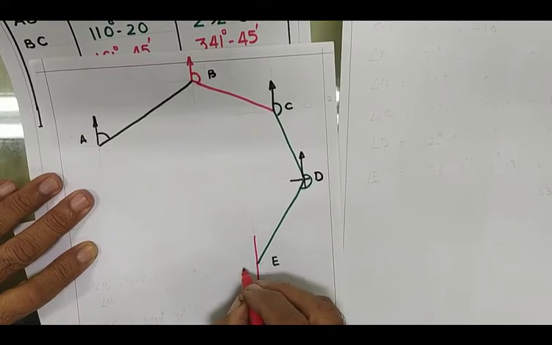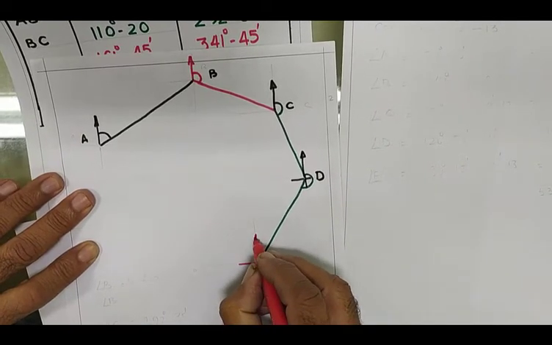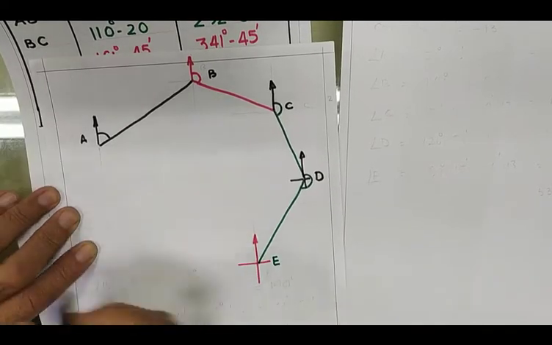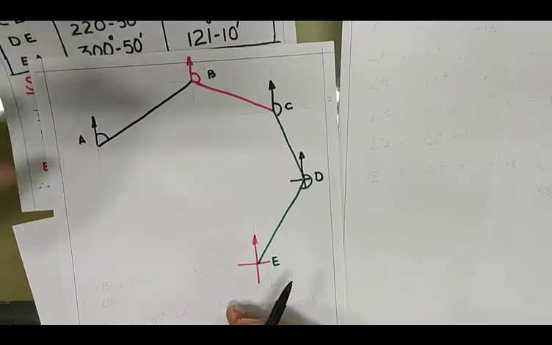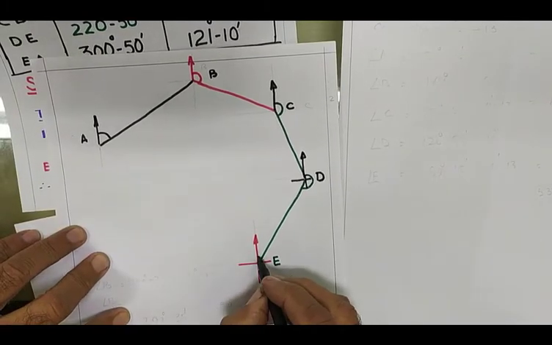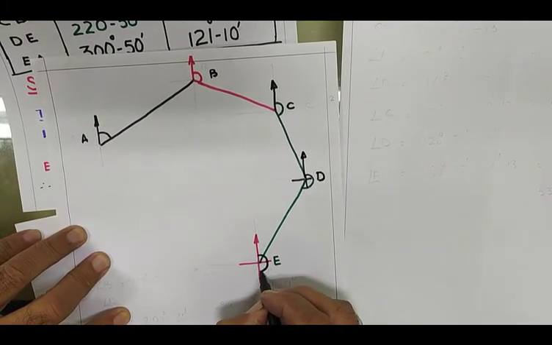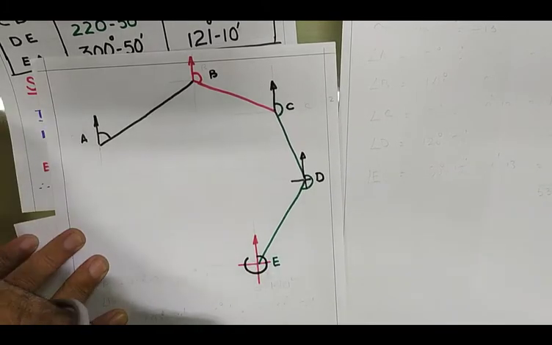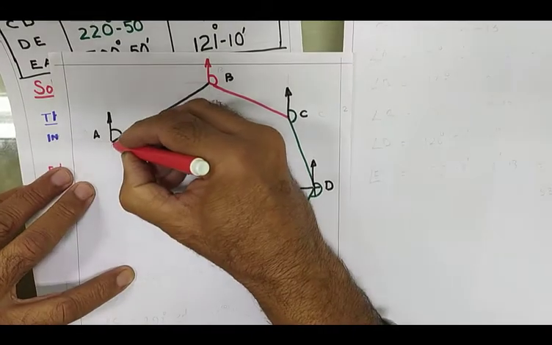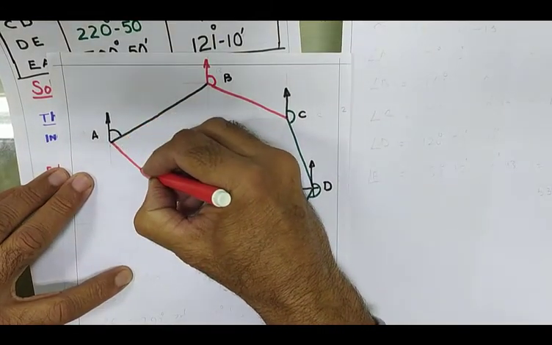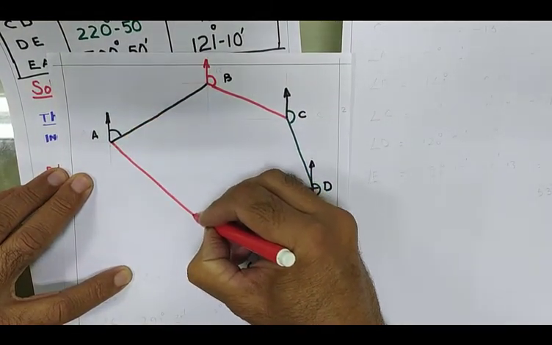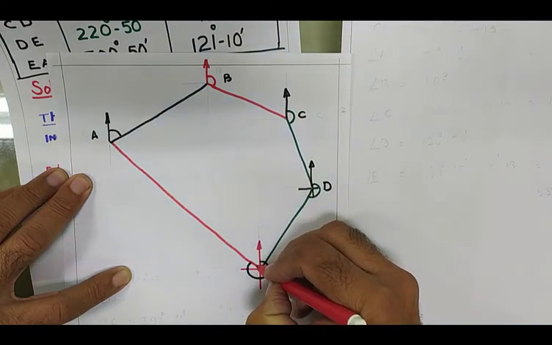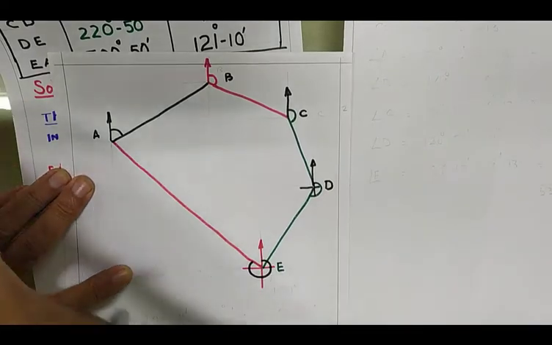The bearing of line EA is given as 300 degrees 50 minutes, so this makes an angle of 300 degrees, and this will be your line EA. So this is the proportionate sketch you can draw.